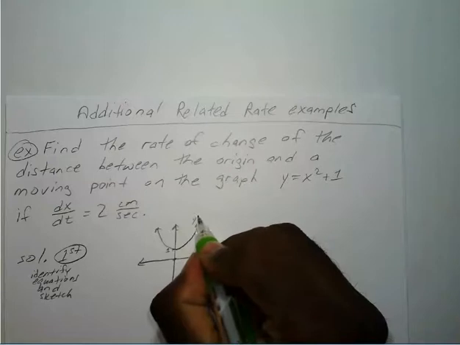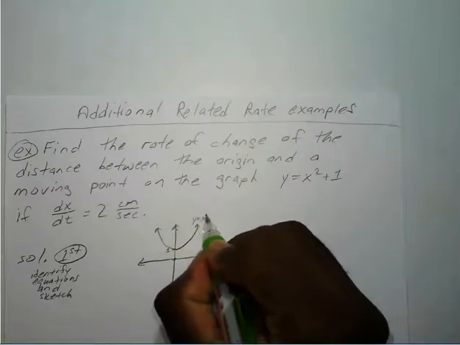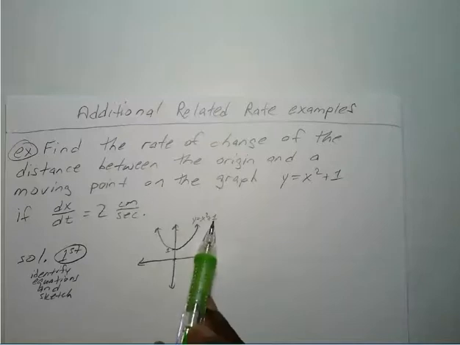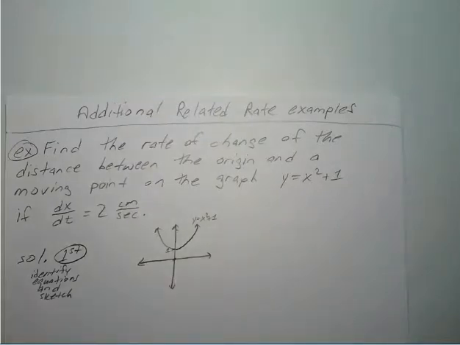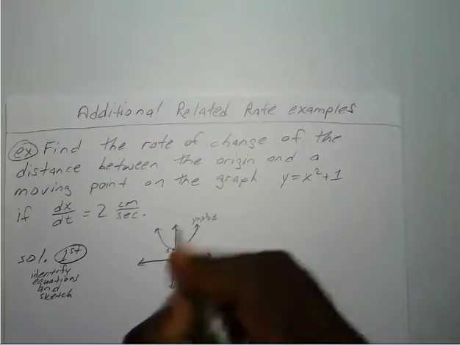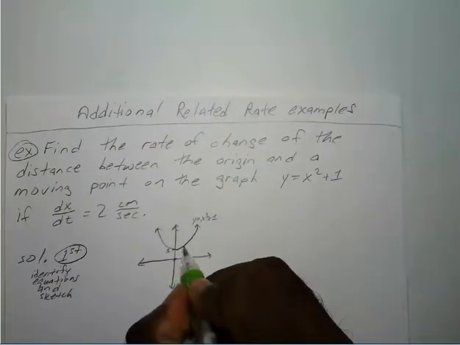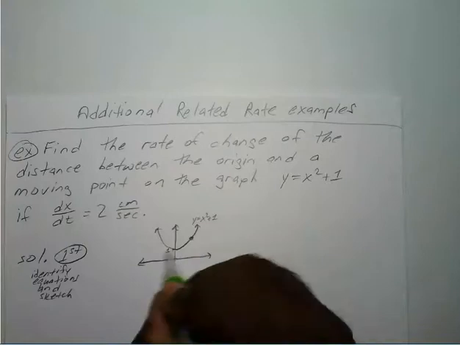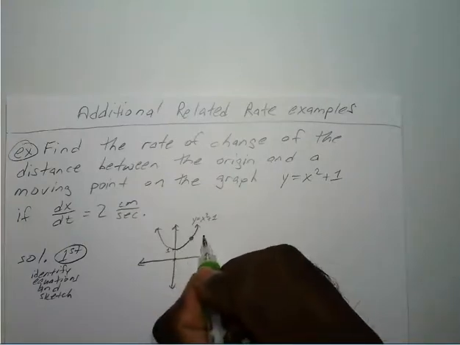Remember, it's just your x squared shifted 1 unit up. Let's say your moving point on the graph is about right here. Of course it's moving, so it's not going to stay there.